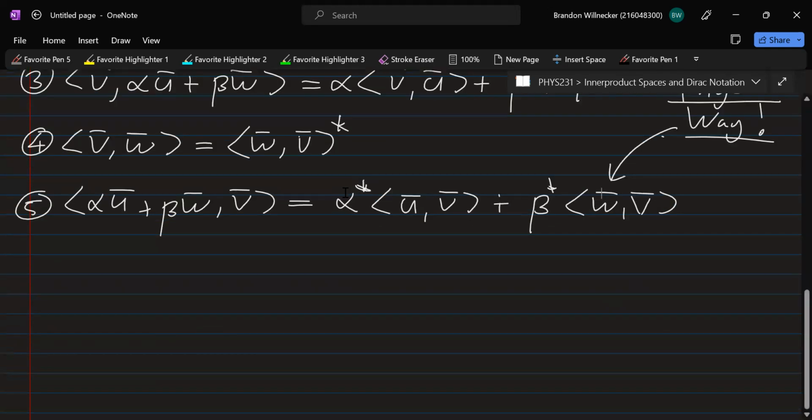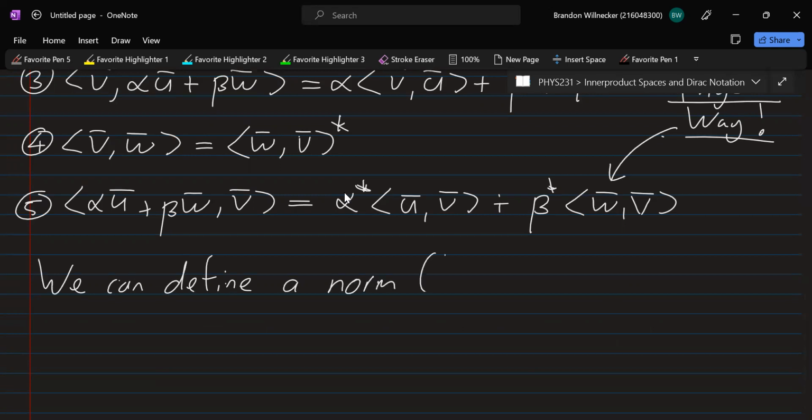Okay, so once we have an inner product, we can use it to define more things. So we can define a norm, or length of a vector, using the inner product.